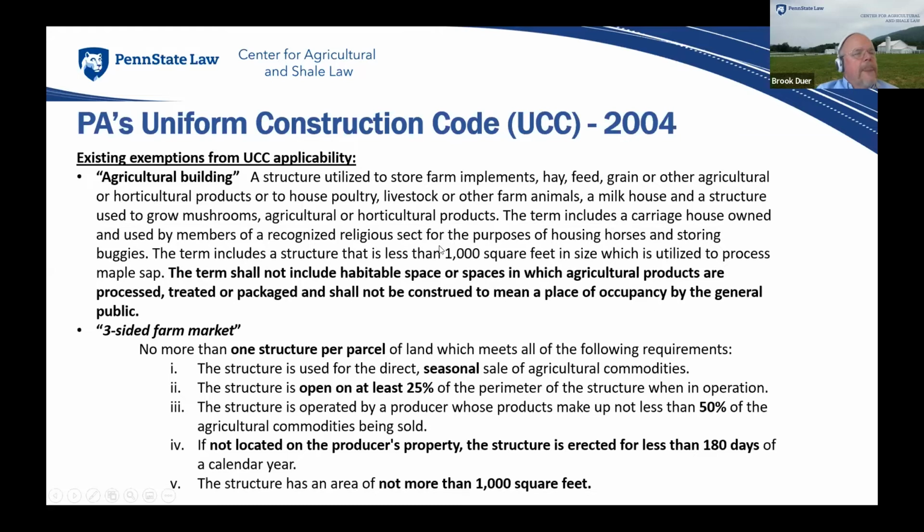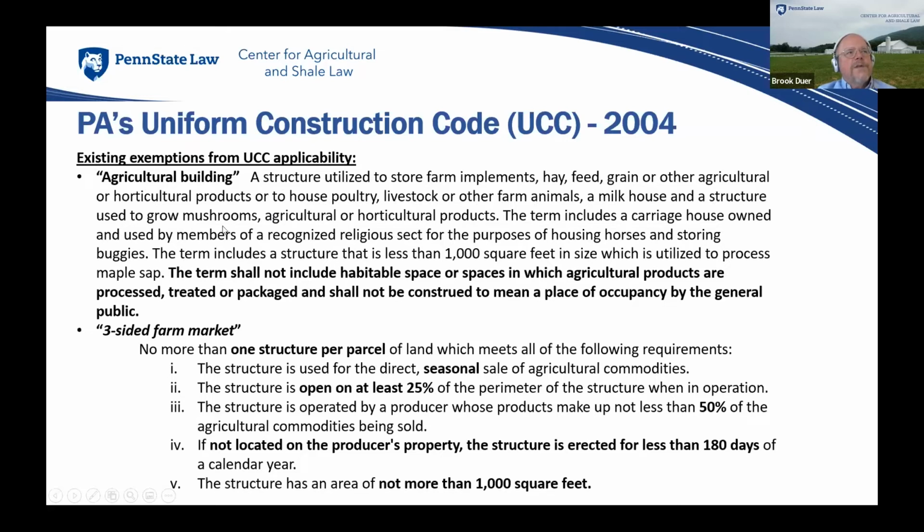So the problem that exists with the ag building exception or exemption to the UCC, and again, the first sentence is very normal. Structure utilized to store farm implements, hay, grain, feed, other ag and horticultural products, or house poultry, livestock, other farm animals, or dairy products. Structure to grow mushrooms.